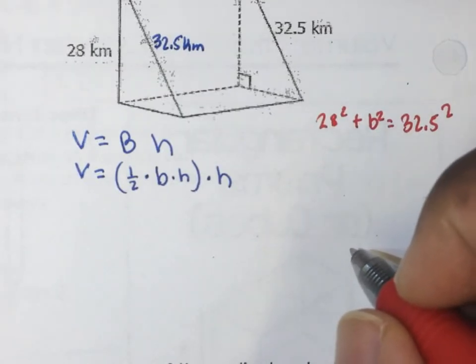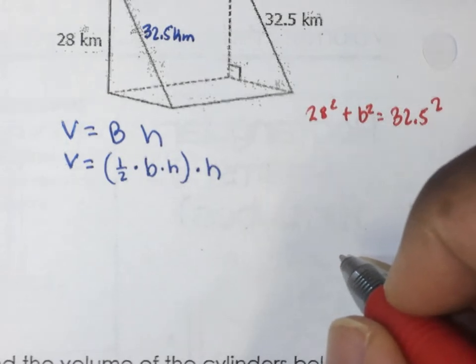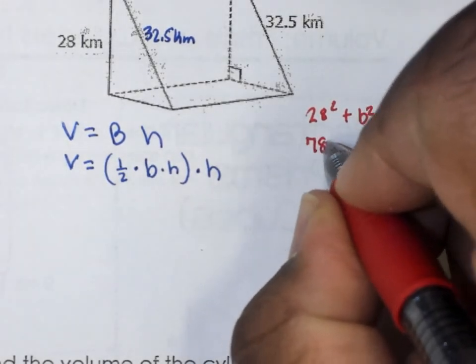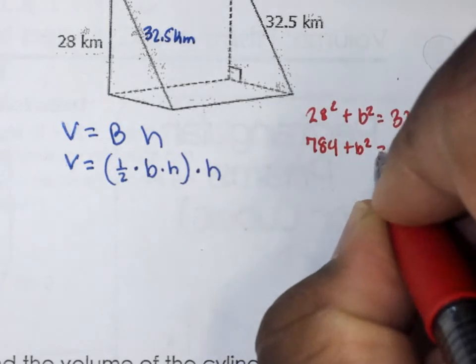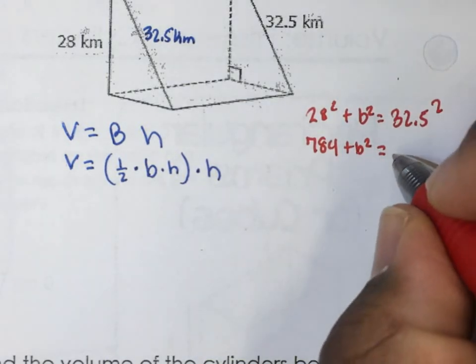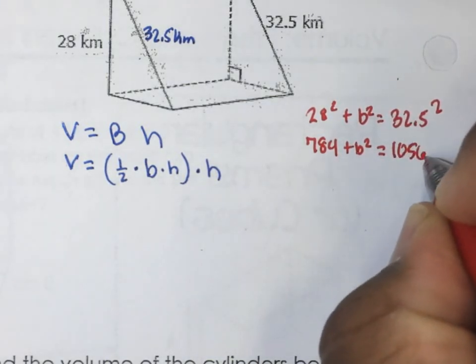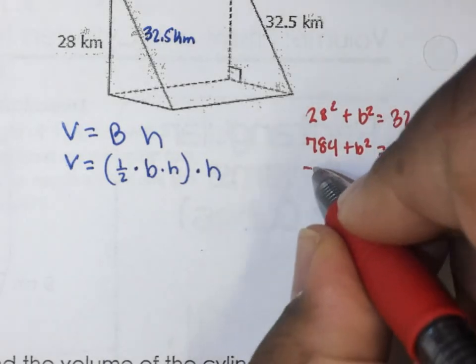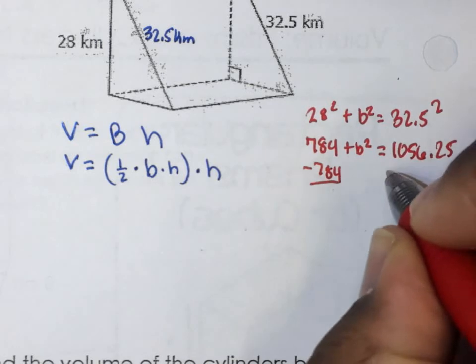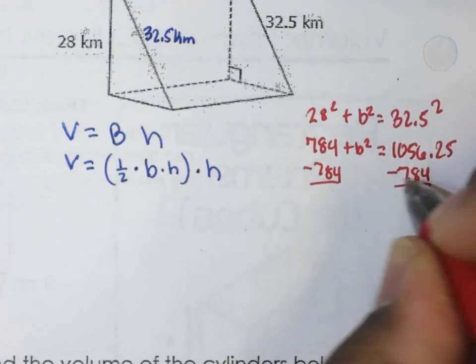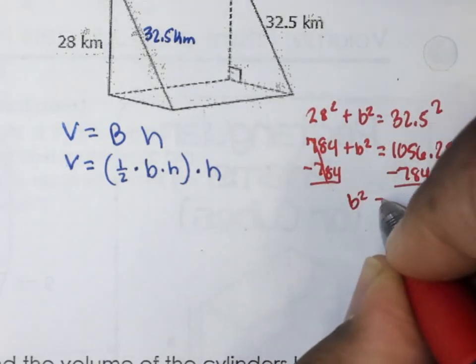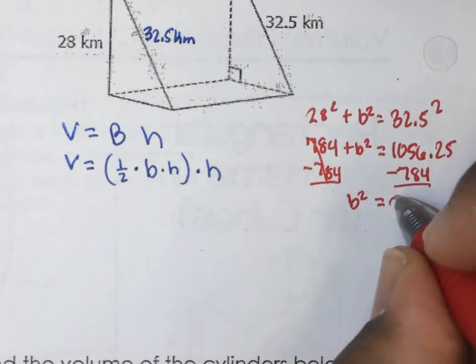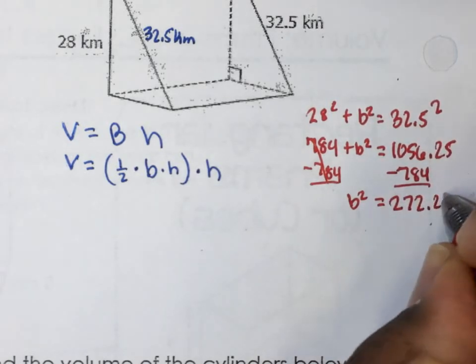I don't want to have these big numbers again. 784 plus b squared equals 1056.25, minus 784, minus 784. B squared equals 272.